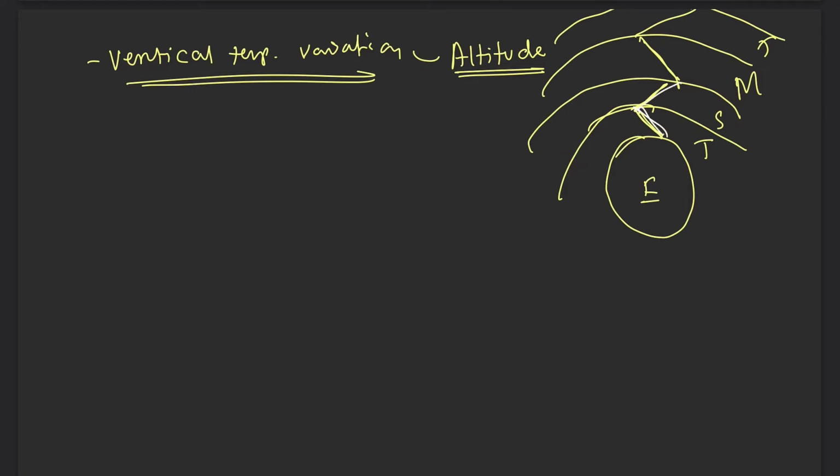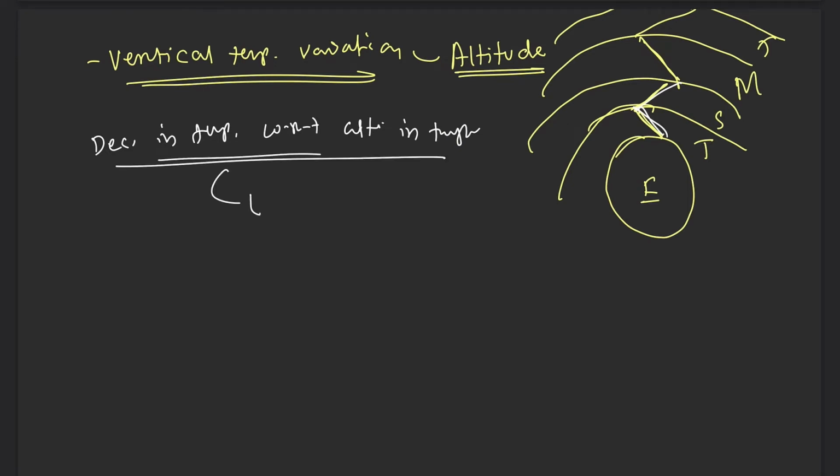So this decrease in temperature with respect to altitude in the troposphere is called lapse rate. This rate of decrease of temperature with increasing altitude in our troposphere is called lapse rate.